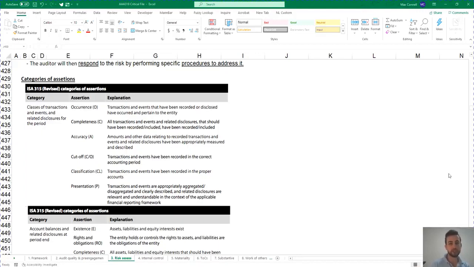Cutoff. So transactions and events have been recorded in the correct accounting period. Part of this comes down to accounting standards as well, which is when do you actually recognize something. And this is important when you've got something which might have been paid on 30th of June, but recognized on 1st of July. Depending on the type of accounting and what the rules actually say, it should be recognized either in the prior year or next year.